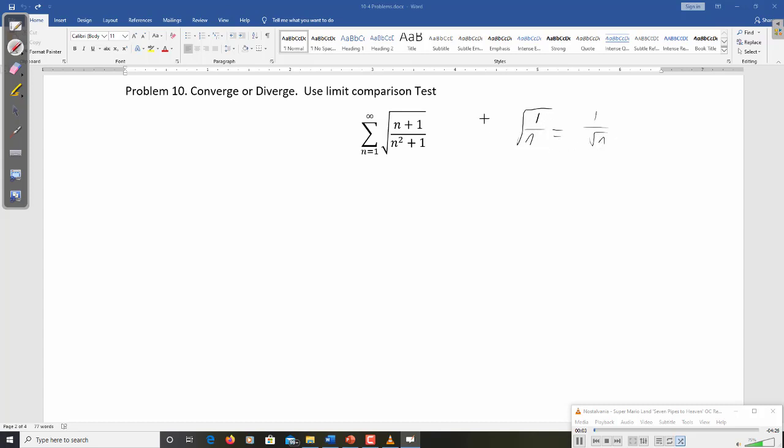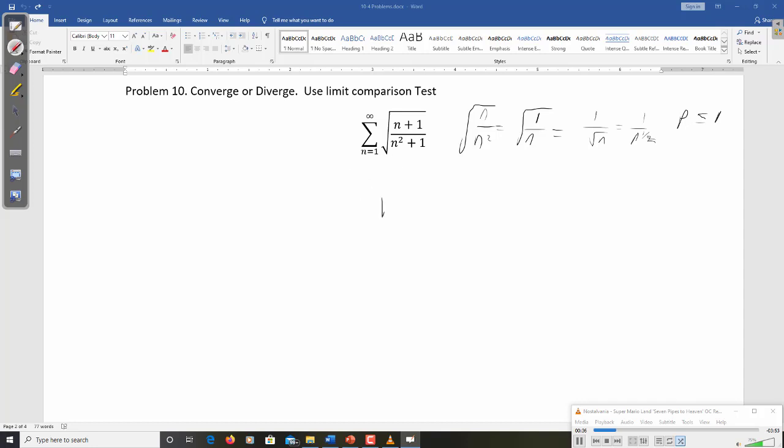That is a divergent p-series, because that's 1 over n to the 1/2. And remember that p-series diverge for p less than or equal to 1. So that'll diverge. If you don't believe it, you can do the integral test.